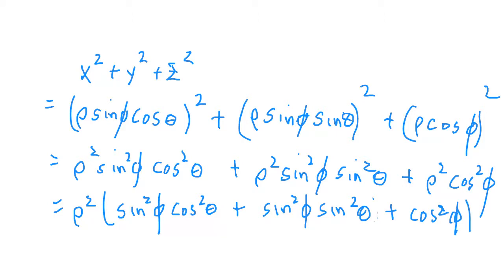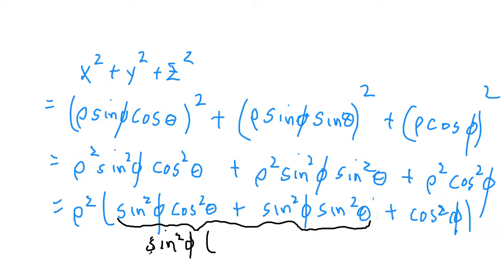But if we look here, we can factor out a sine squared phi, right? So we'd have sine squared phi times cosine squared theta plus sine squared theta.